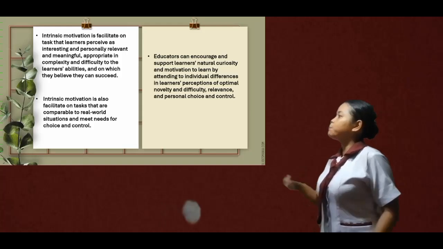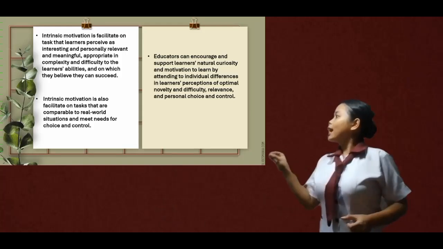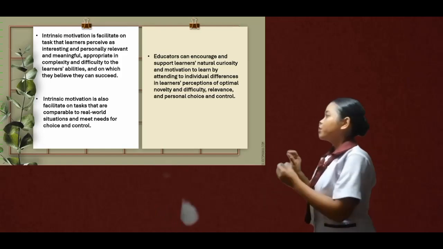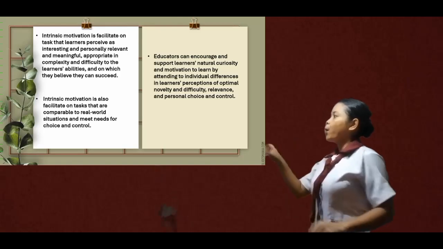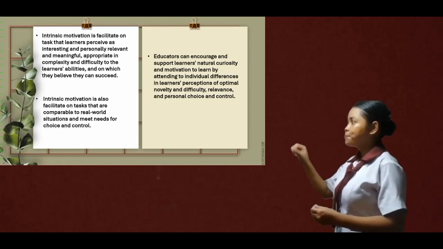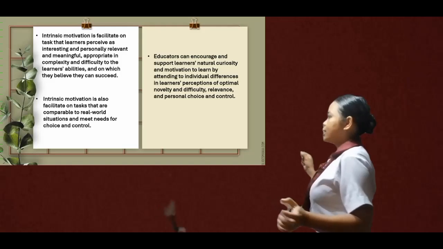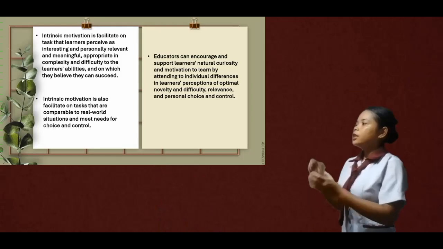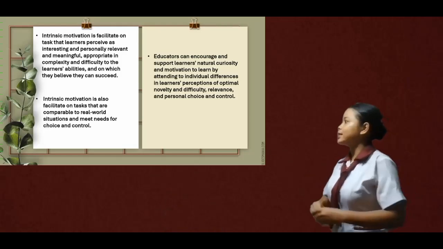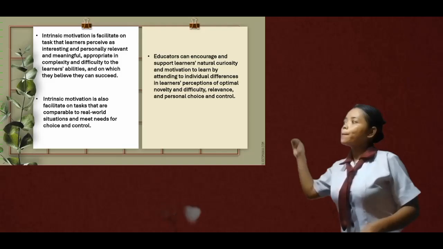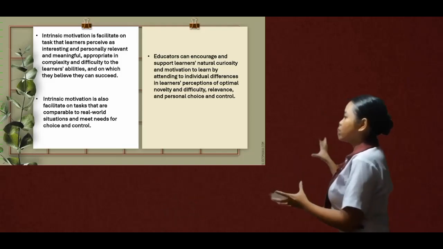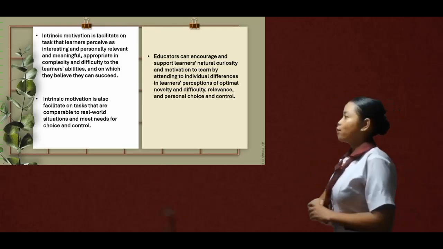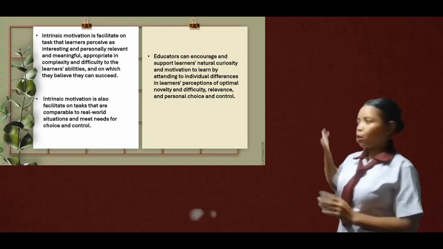Intrinsic motivation is facilitated on tasks that learners perceive as interesting, personally relevant, and appropriate in complexity and difficulty to the learner's abilities, and by the belief that they can succeed. It is also facilitated on tasks that are comparable to real-world situations and meet needs for choice and control.